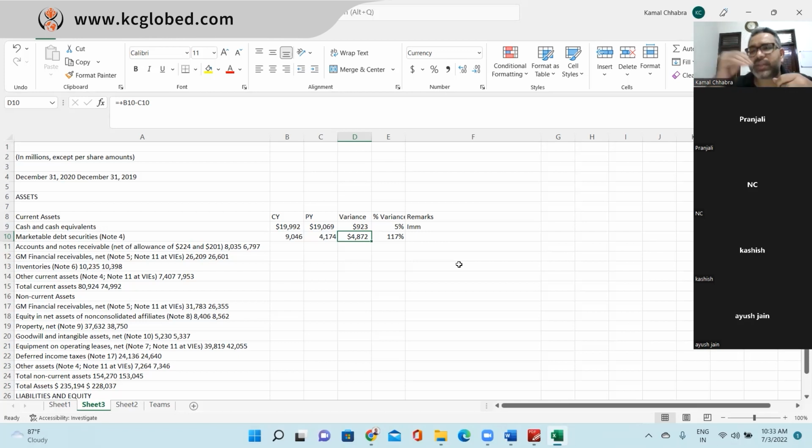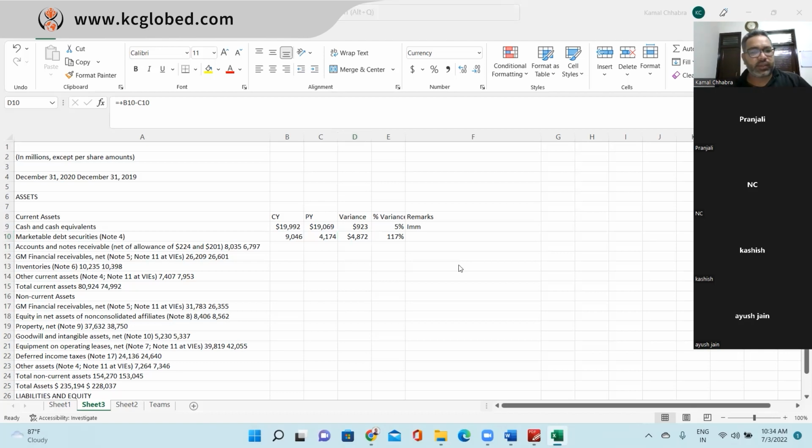So you'll be doing this segregated level of analysis to understand from where exactly this change is coming up, and which new strategies or new loans or new borrowings or new investment that company has made, right, at a specific line item within marketable debt security.